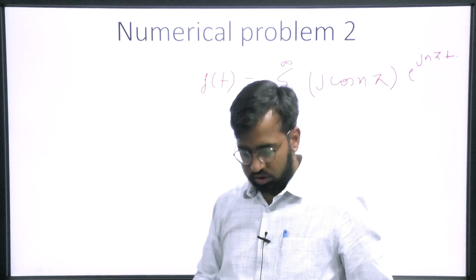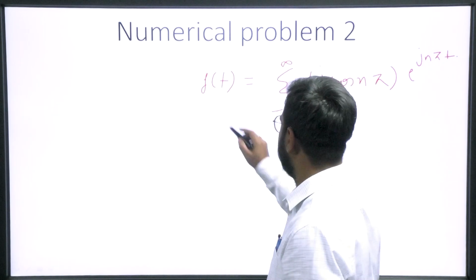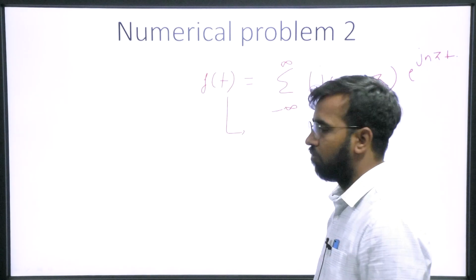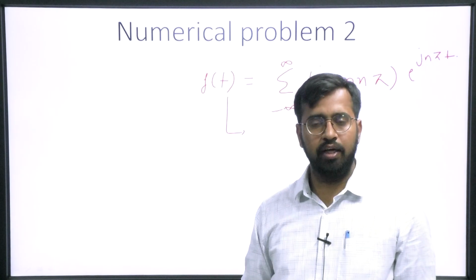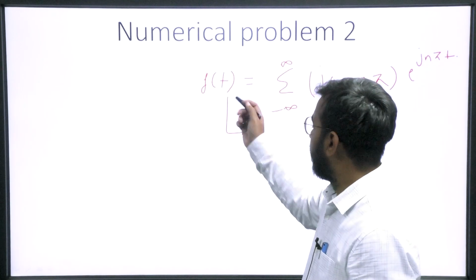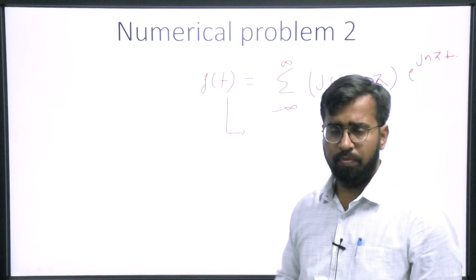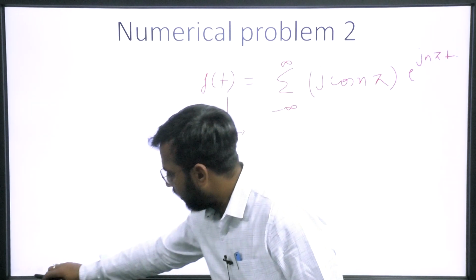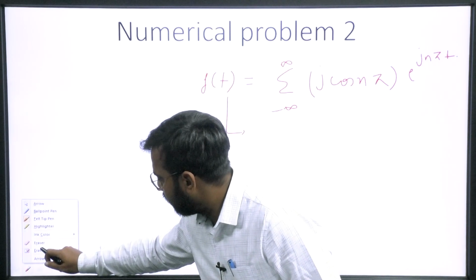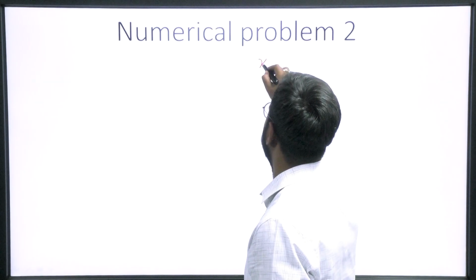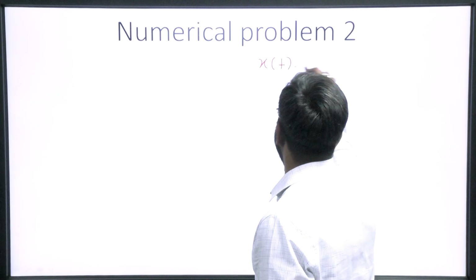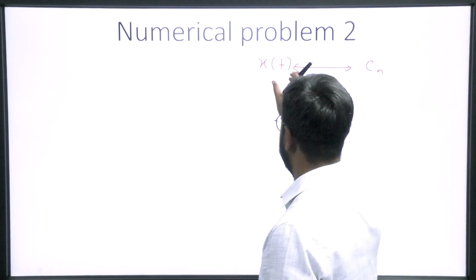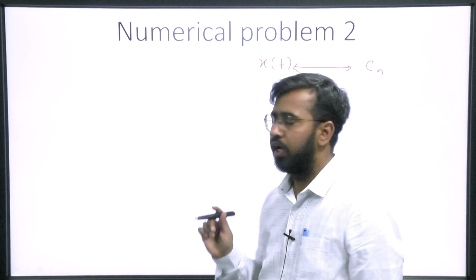And someone is asking you what is the property of f(t), what is the nature, is it real, imaginary. So, if you are required to find the property by seeing the function, for this we must remember a table which has the x(t) and Cn relation. That is, the function and the coefficient of it, for the exponential form.